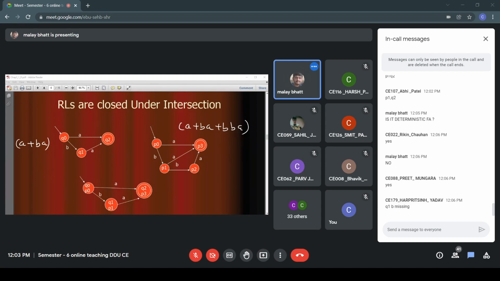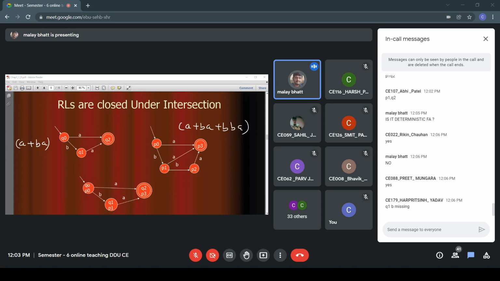Similarly, the second diagram is accepting a finite language: A, BA and BBA. Only these three strings are accepted. But it is also not a deterministic FA, because for P2, input symbol B is missing, and for P3 you can see that A and B are missing.